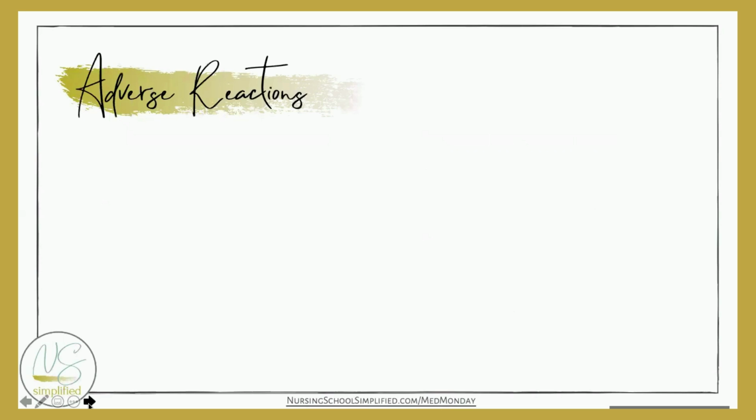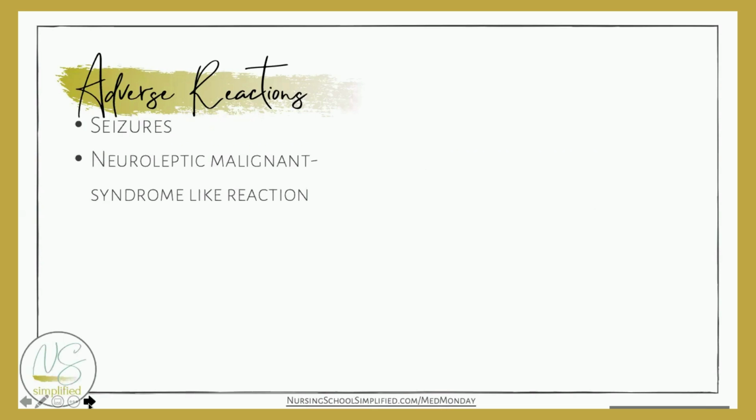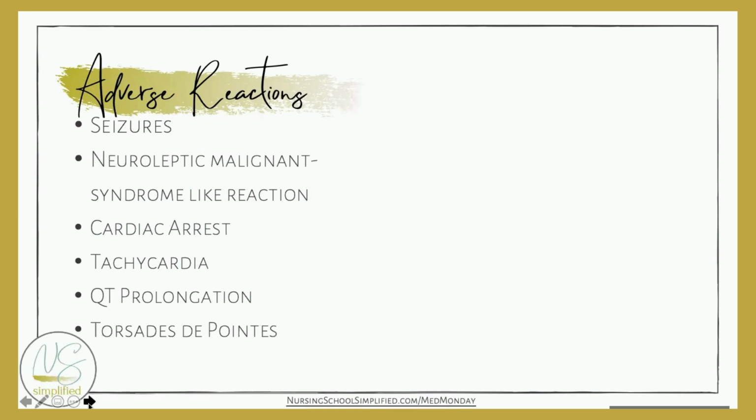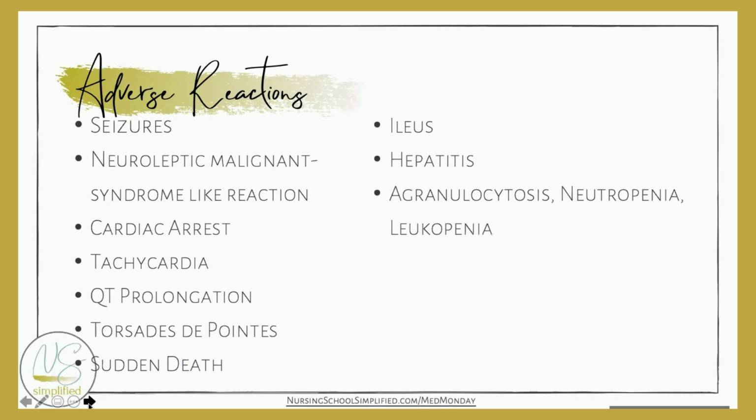So what are our adverse reactions or potentially life-threatening reactions? Those include seizures, neuroleptic malignant syndrome-like reaction, cardiac arrest, tachycardia, QT prolongation, torsades, sudden death, ileus, hepatitis, agranulocytosis, neutropenia, and leukopenia.